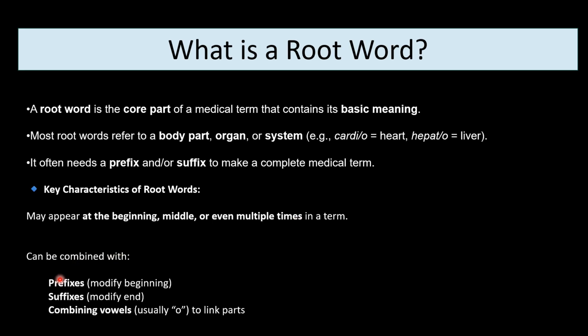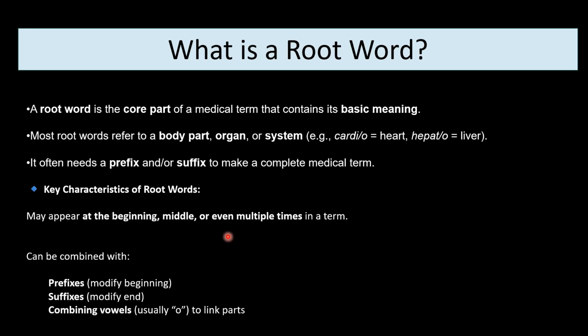Here I break it down in a simple way: prefixes modify the beginning, suffixes modify the end, and then we have combining vowels, usually O, to link those parts. Okay, so this is just a simple breakdown.